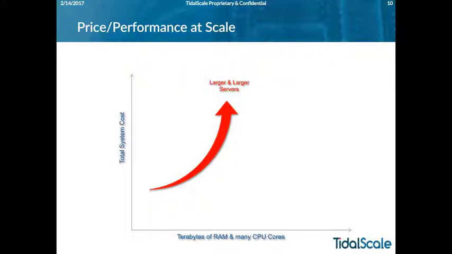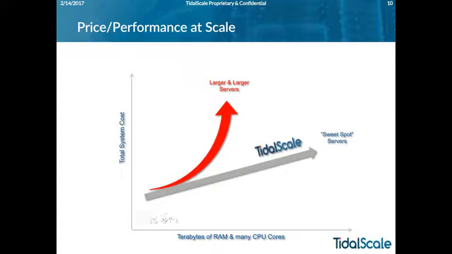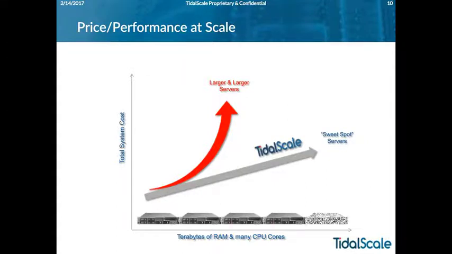Well, if you think of this as like a supercomputer, you're kind of right. But the advantage of TidalScale is that we're making use of sweet spot servers. So instead of having to go out and buy a 4P, a 4-socket or 8-socket or Cray computer, that's the red line in this graph, you're just buying the current off-the-shelf commodity price server, with whatever makes the best economic sense in terms of RAM and cores per server node.